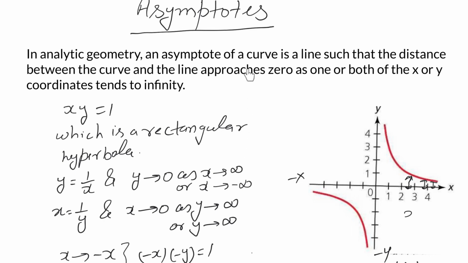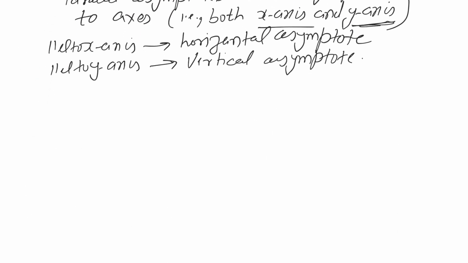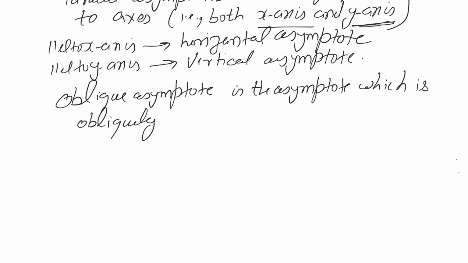Now next we shall see what is the oblique asymptote. Oblique asymptote is the asymptote which is obliquely inclined, meaning having an angle between 0 and 90 degrees with the axis.